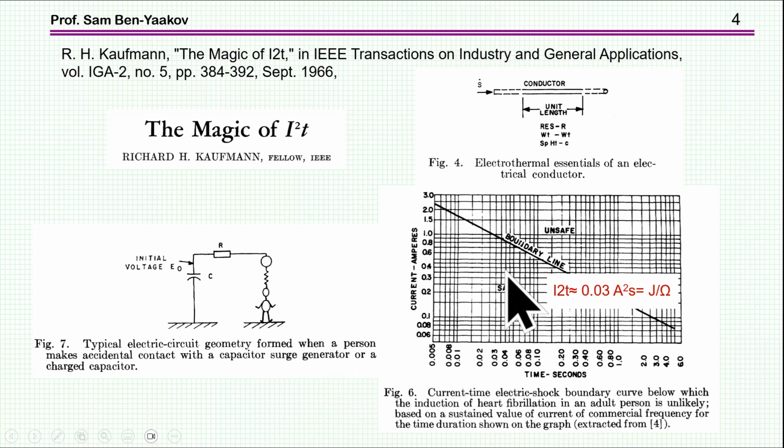It turns out that the boundary between safe and unsafe areas is indeed I2t. That is, if you look at the current versus time allowed, this boundary is exactly 0.03 amps squared second, which is, by the way, joule per ohm, so what is really important is the energy rather than the magnitude of the current.